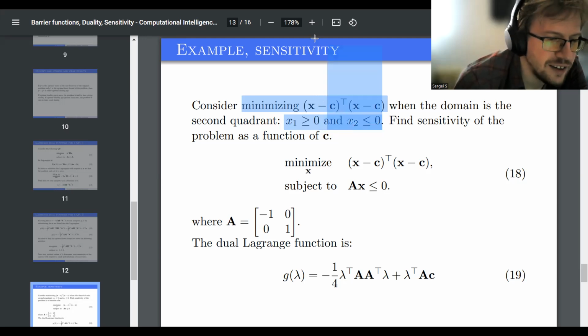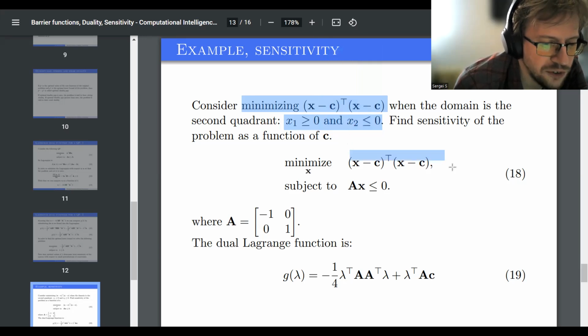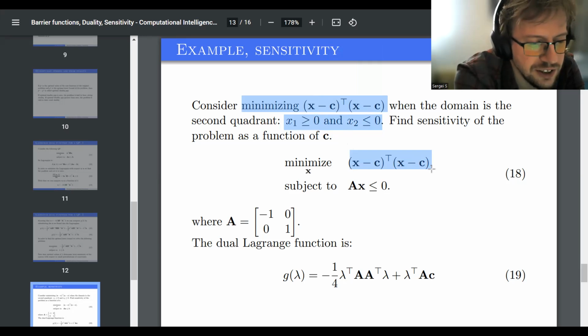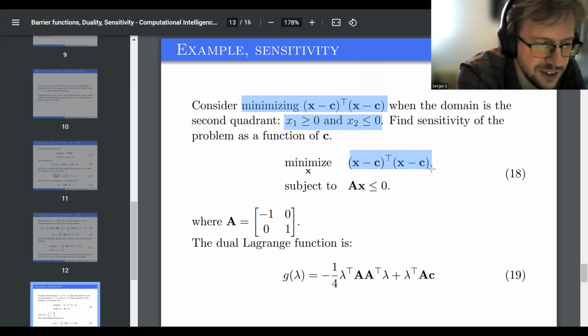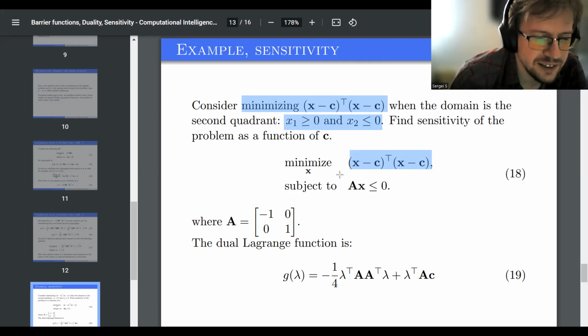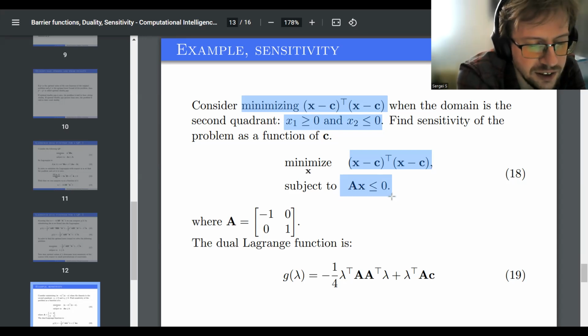Clearly, the optimal value of x would be C. That is the minimum this function can attain, and the optimal value of the cost function will be 0, as long as C is inside this polytope.